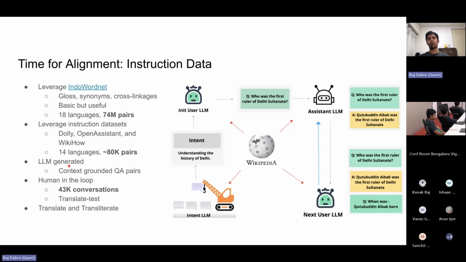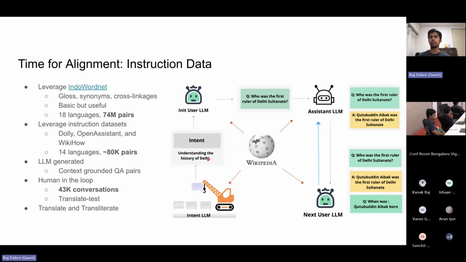We have LLM generated content, which is context grounded QA pairs. If you look at the figure on the right, we have told these LLMs to limit themselves to specific topics. So we use articles from Wikipedia, and we tell the model that this is the context of the following conversation, so stick to this specific context.